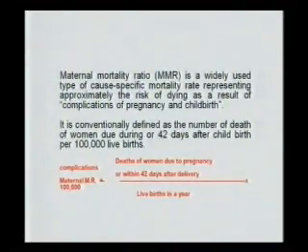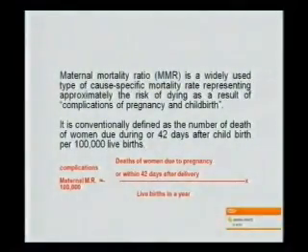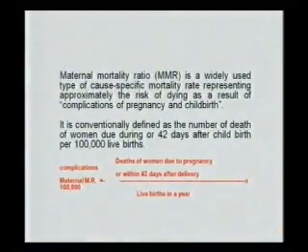The reason is that it's a rare event, so you look at how many women died who were at risk, and that risk is calculated through how many births took place. That's why it's a ratio. The two are independent of each other. They do not belong to the same group, and that's why the maternal mortality ratio is considered a ratio.